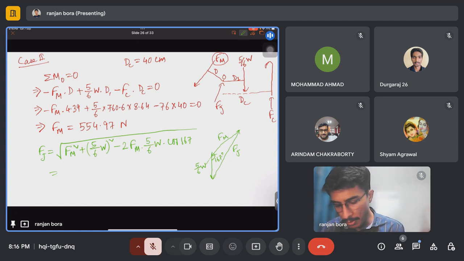So if you evaluate, you will find out FJ is 1181.2 Newton.